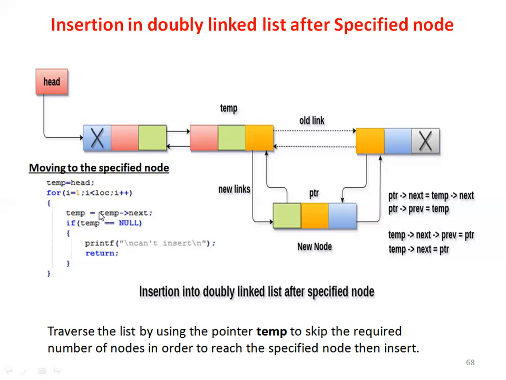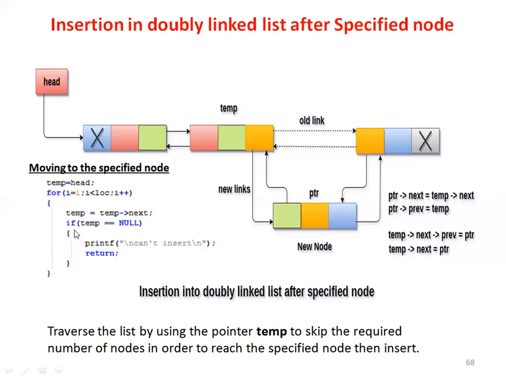Suppose the position value is 5, and here in the doubly linked list there are 3 nodes. So we cannot reach that point. We cannot move to the fifth node, and we cannot insert after the fifth node, because the total number of nodes here in this case is 3. So in that case, we can print this error message that we cannot insert.